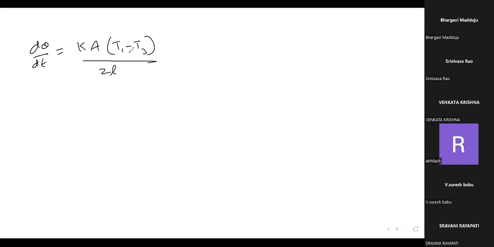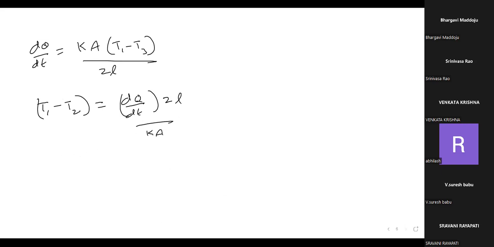From this, T1 minus T3 can be written as dq by dt into 2L by K.